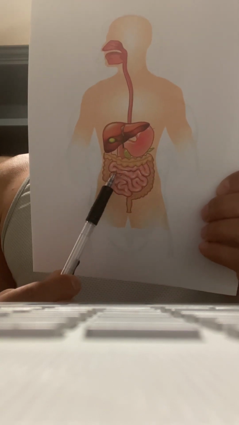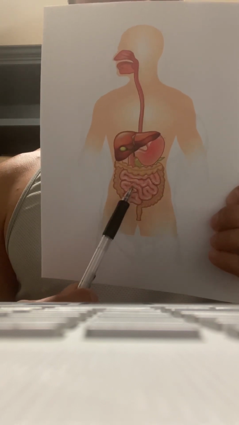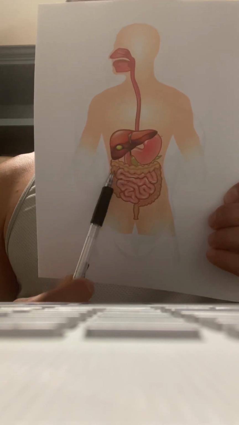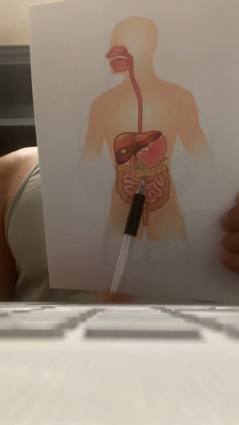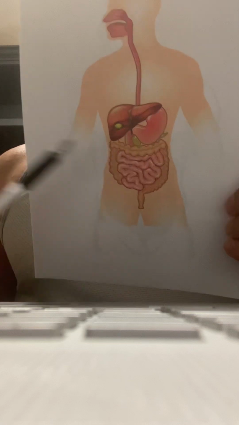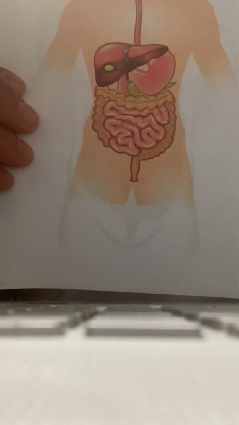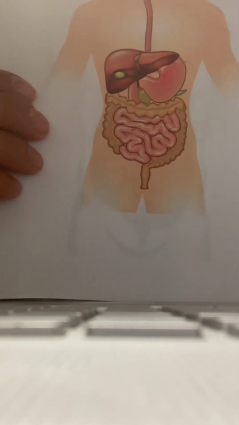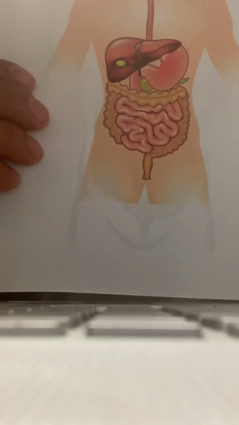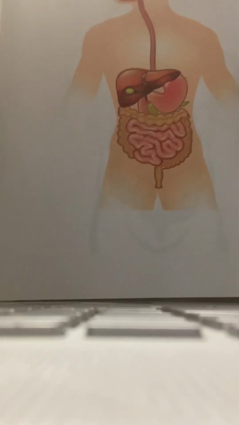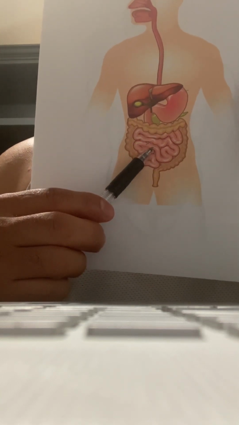Now the small intestines, which is this, connect to the colon, which is also called the large intestines. Let me show you the picture right over here. As you can see, the large intestines are connected to the small intestines. This is the large intestines, and this is the small intestines.